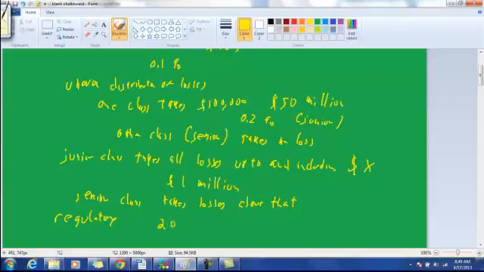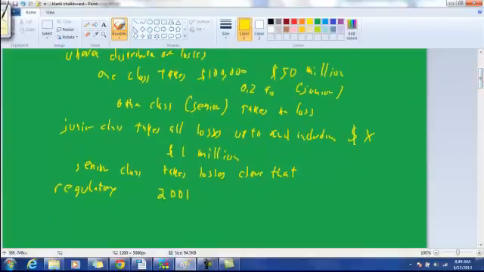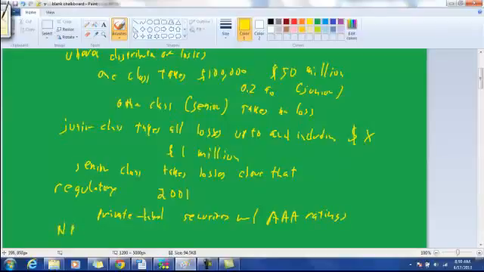Around 2001 in the United States, the bank capital requirements were modified so that banks had to hold less capital if they held mortgage securities, private label securities, with AAA ratings by, I think it's NRSROs, the nationally recognized statistical rating organizations.